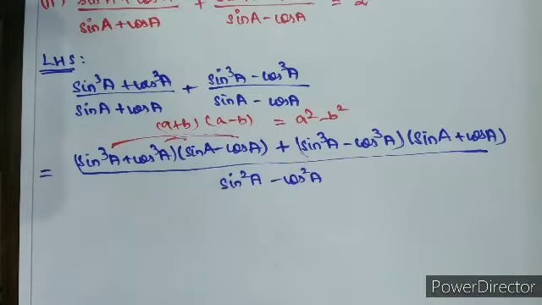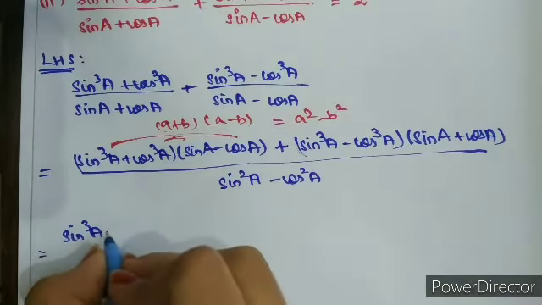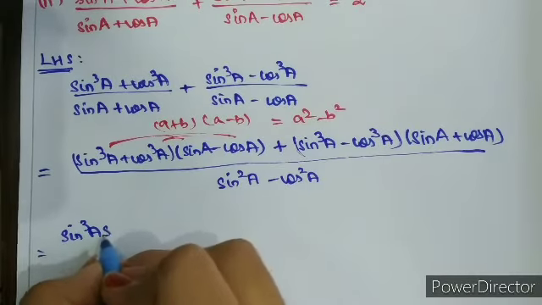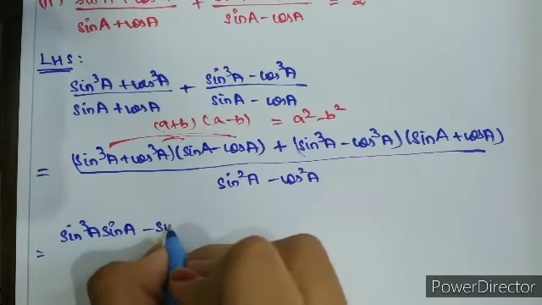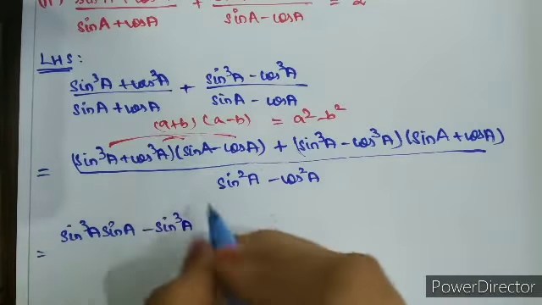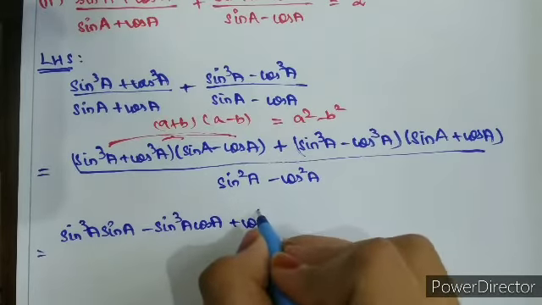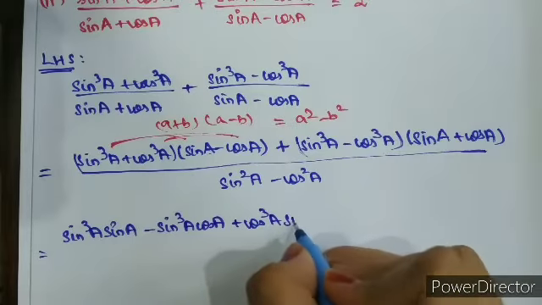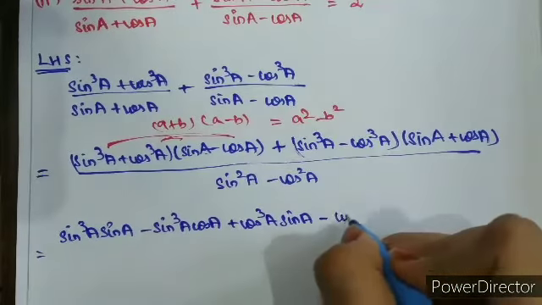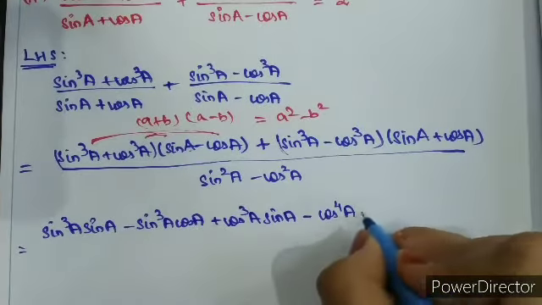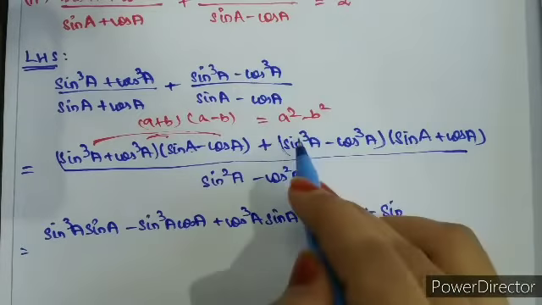We get sin cube A into sin A, minus sin cube A cos A, plus cos cube A into sin A, minus cos cube A into cos A is cos power 4A, plus, similarly here, just multiply each and every term.